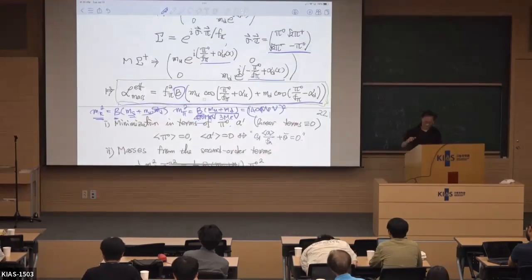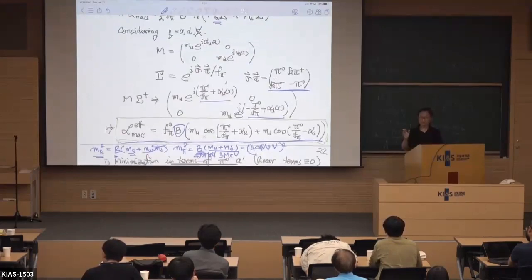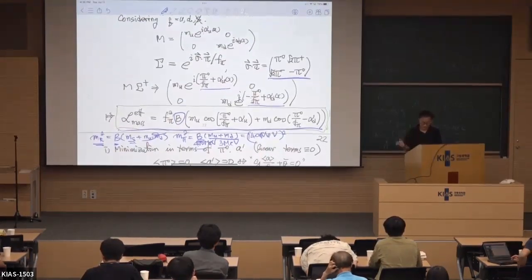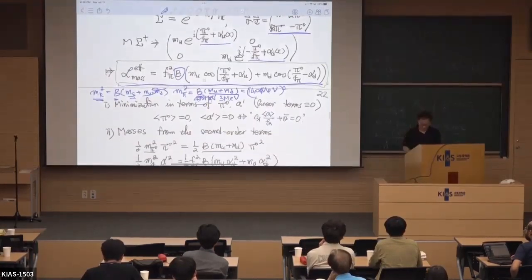Okay, now I use the same technique, including the axion. What we did is that we rotate away the gluon-gluon dual effect into the quark field, and then repeat the same chiral perturbation theory, including axions. I mean, this is the axion field.